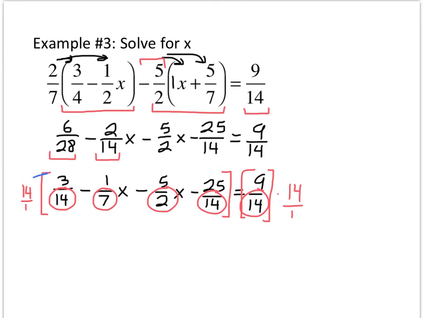And I am going to distribute through to all of the terms here. So notice how I'm distributing the 14 over 1 to all 4 terms on the left, and then to that 9 on the right.